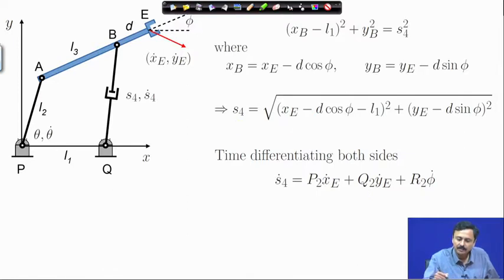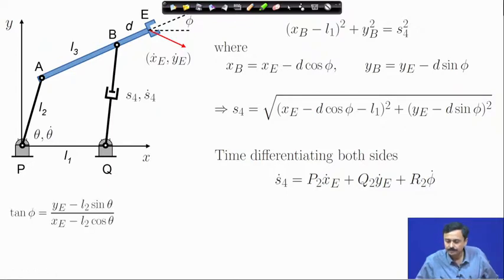Now, we have involved phi. So, let us see how we can find out phi, and we have also involved cosine phi and sine phi as well as phi dot.